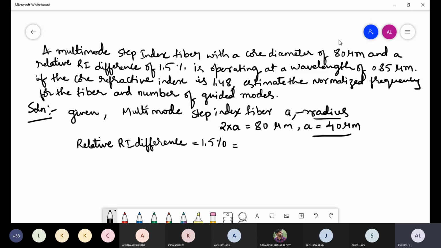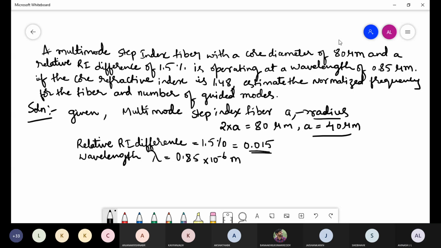In decimal value it will be 0.015, because in any calculation we cannot take the percentage; we must take the decimal value. Therefore, relative refractive index difference equals 0.015. Next, the wavelength lambda equals 0.85 micrometer, that is 0.85 into 10 to the power of minus 6 meters.